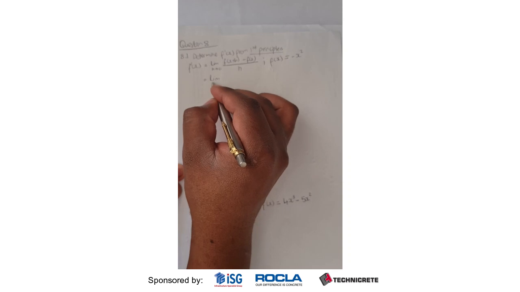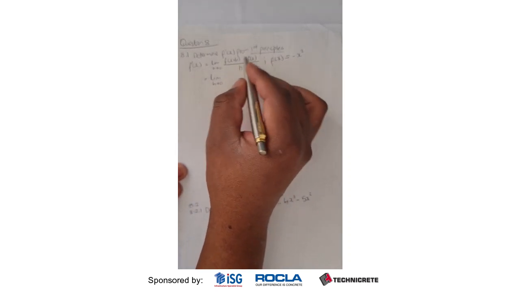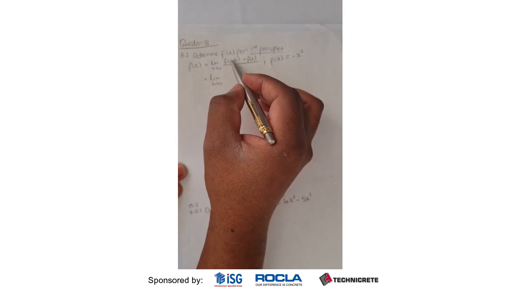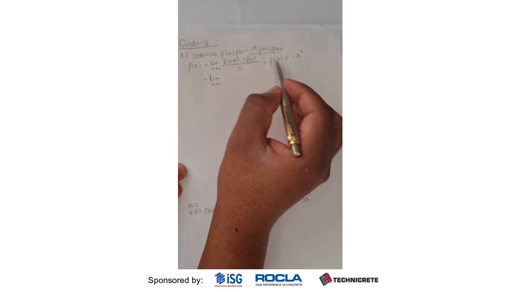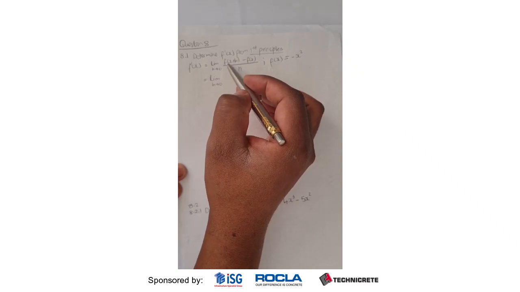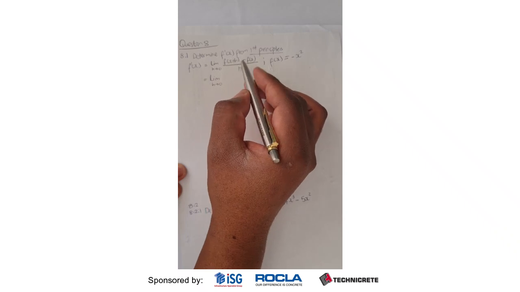As we input our variables here, f of x plus h means whenever we see f of x, we substitute it with f of x plus h.